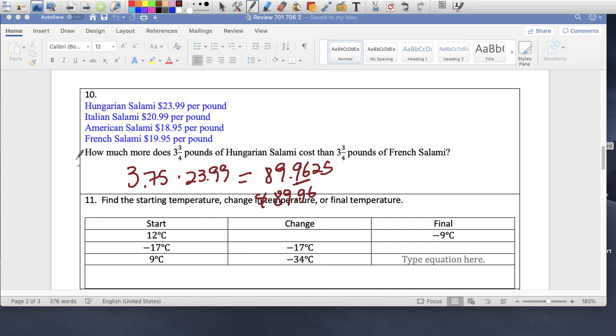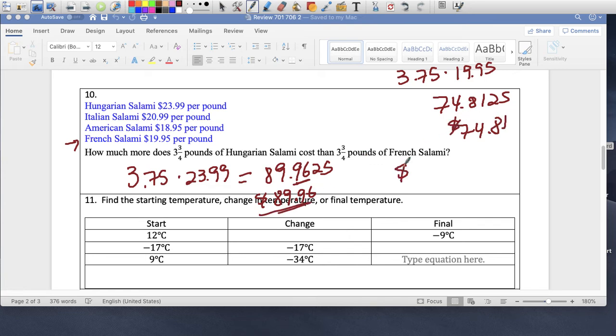The French salami, which is this guy over here, we're going to do 3.75 times 19.95 per pound. Let's see what that is. That's going to give us 74.8125. We're going to round up to 74.81. Well, obviously, this one is more expensive.